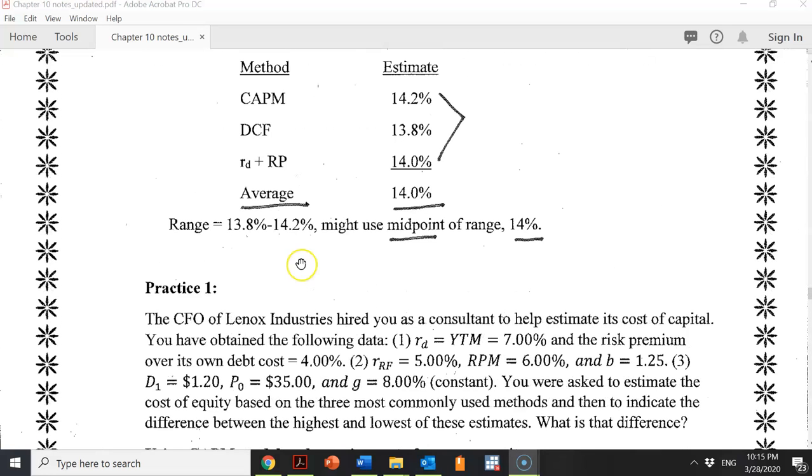Practice question. We have another firm called Lennox Industries. It hires you as a consultant to help estimate its cost of capital. You have obtained the following data. Cost of debt, RD, equals yield to maturity, equals 7%, and the risk premium over its own debt cost is 4%.